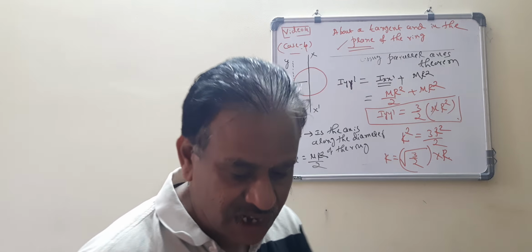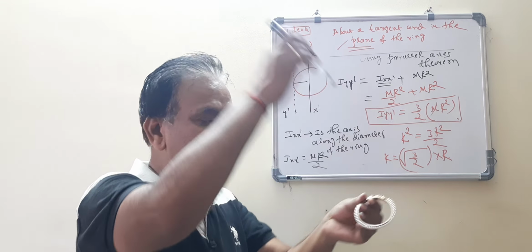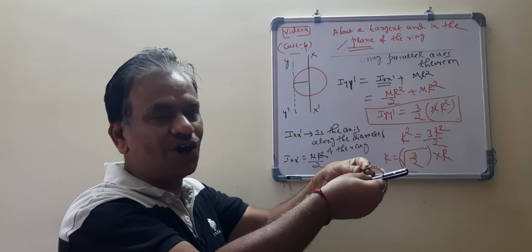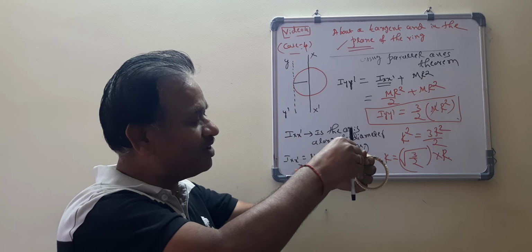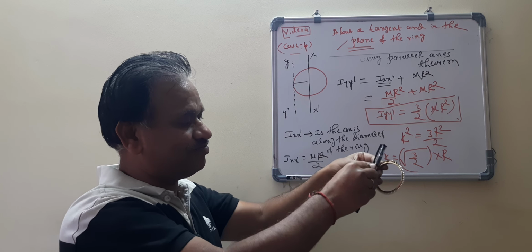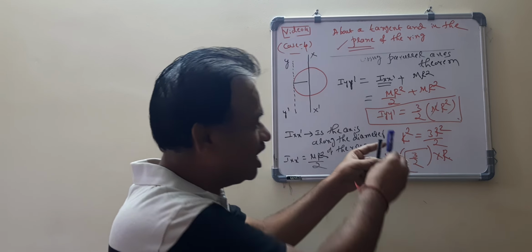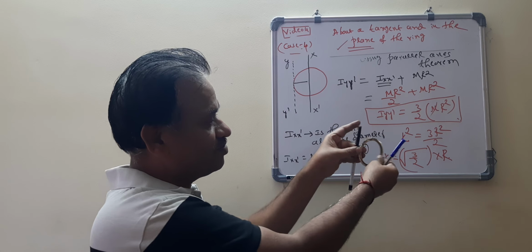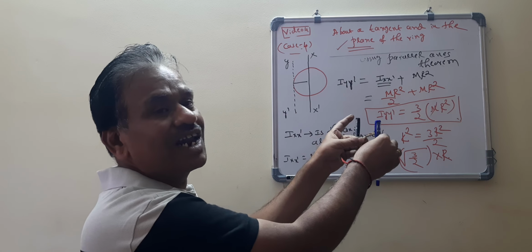What is case 1? About an axis passing through its center of gravity. Case 2 is along its diameter, either like this or like this. And then case 4 is like this, a tangent. And another axis is along the diameter. For these two axes, how are they? Parallel.